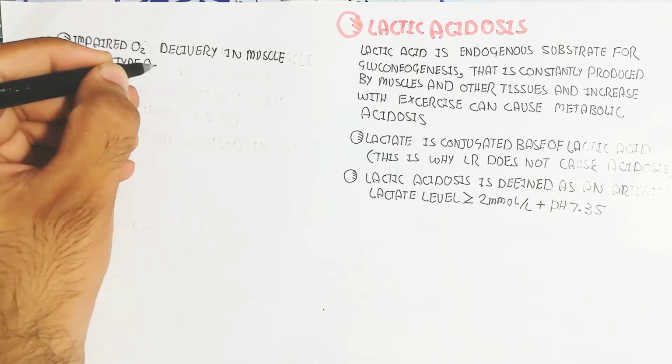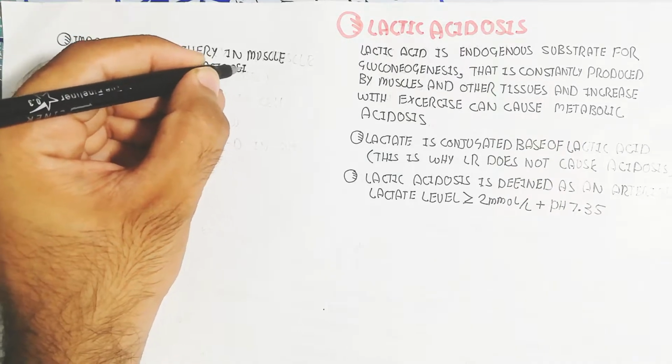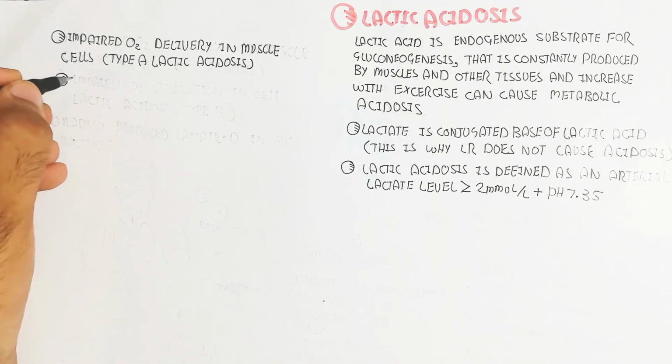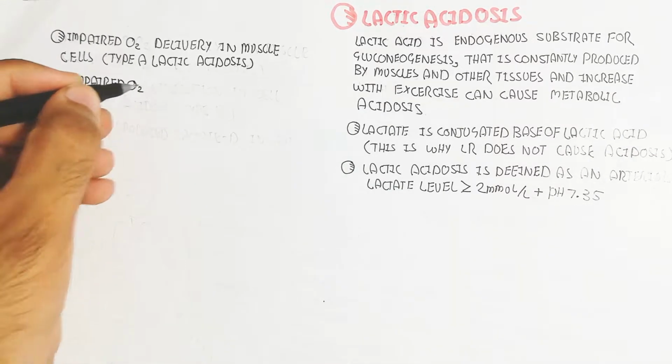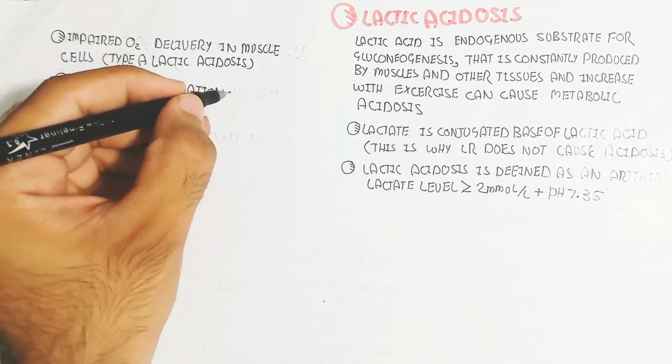Type A lactic acidosis is due to impaired oxygen delivery to muscle cells, for example because of heavy exercise.